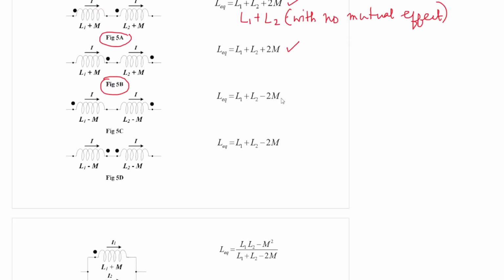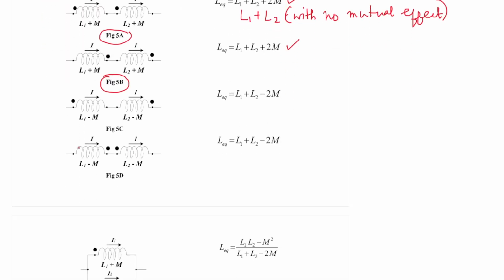Now consider figures 5C and 5D. This type of polarity is called subtractive polarity, because with respect to the first dot current is leaving, but with respect to the second dot current is entering. So it is represented by L1 minus M and L2 minus M. So the equivalent inductance is L1 plus L2 minus 2M.